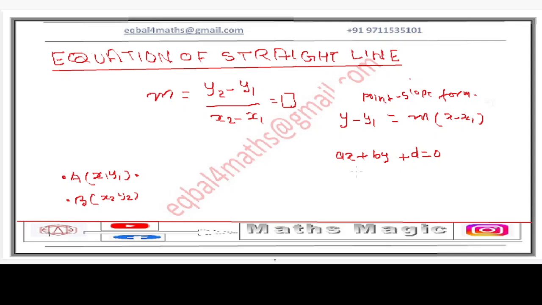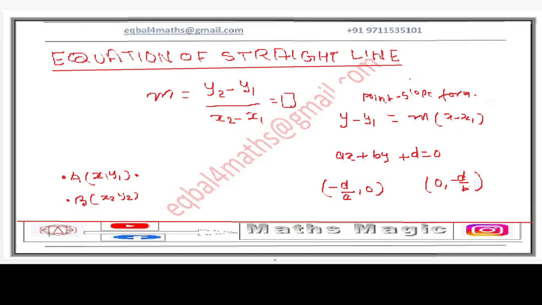You can use the general form to quickly find the x-intercept: (-d/a, 0) gives you the x-intercept, and if you want to calculate the y-intercept you can quickly do (0, -d/b).